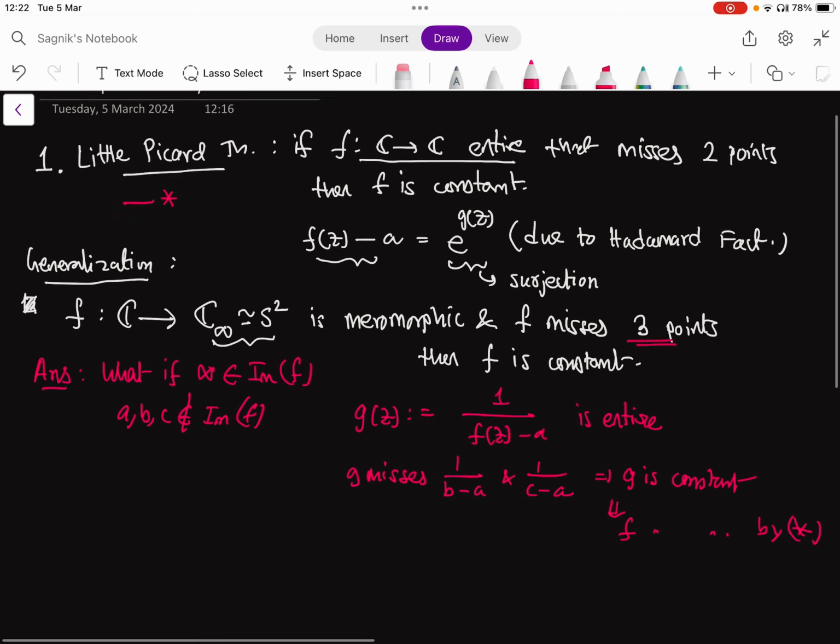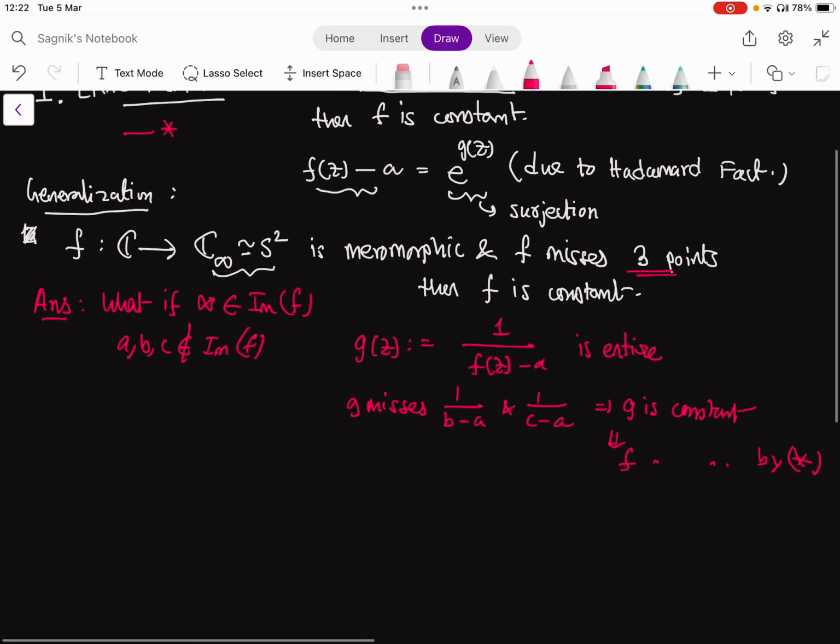That's easy because if infinity is in the image of f, that means what? f has a pole, right? So in that case, that's easy. Now, what if infinity is not in the image of f? Well, that case is even easier, I think, because then infinity is not in the image. That means if you take this one point compactification, f misses say the north pole, and it also misses two additional points which are on the complex plane.